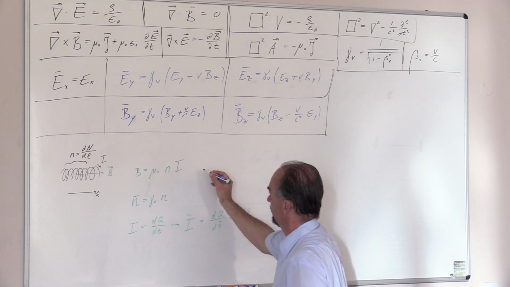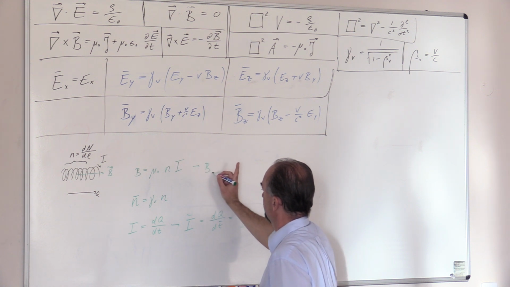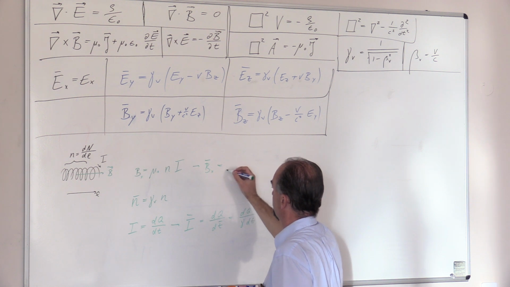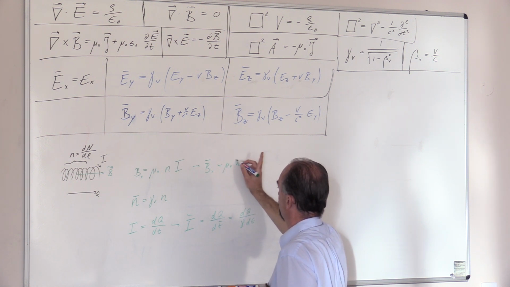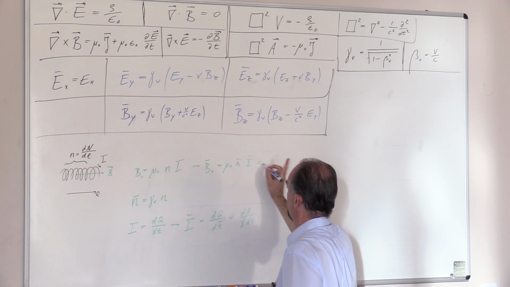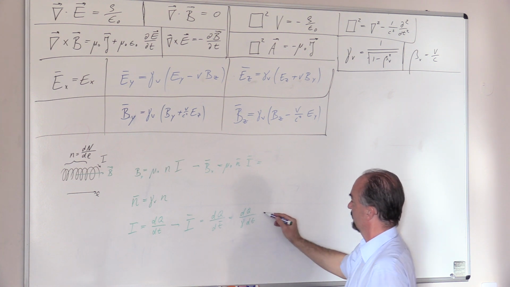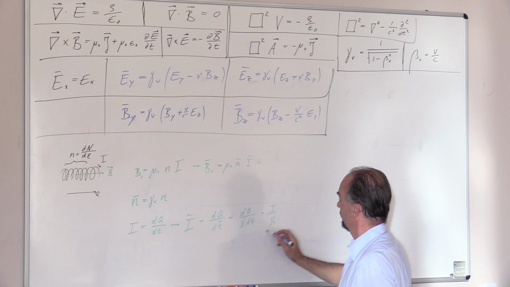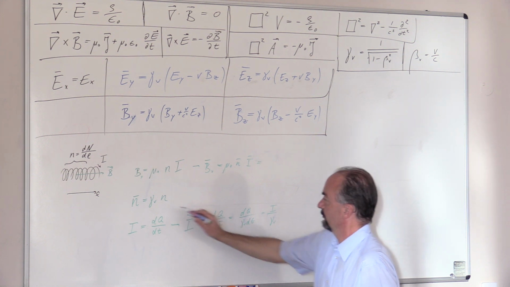So we have a gamma here. So B, the x component, Bx bar is going to be mu naught n bar I bar, but so we have n bar equal to gamma n, and I bar equal to I over gamma. So the gammas will just cancel out.